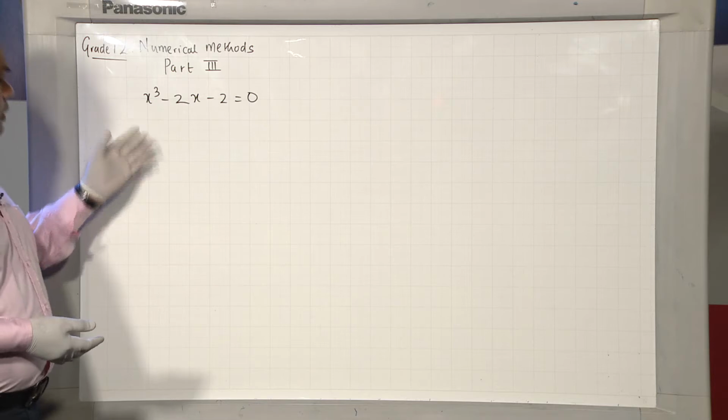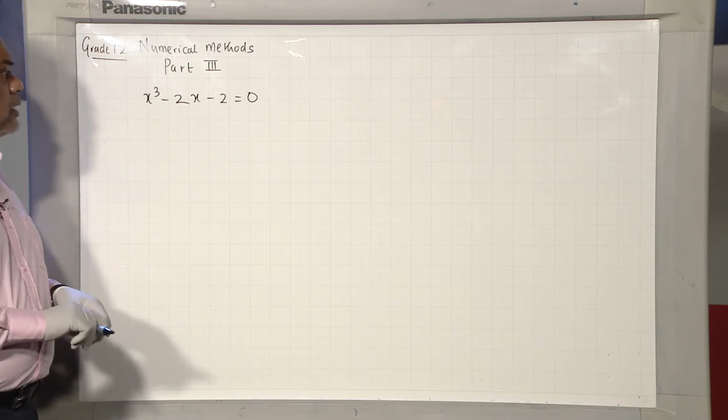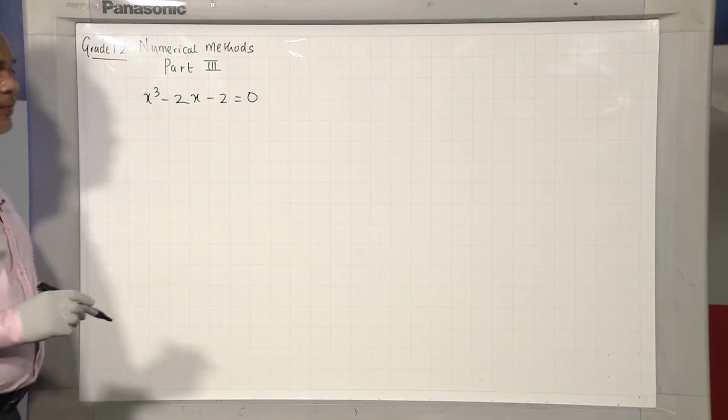So, the question is, x cubed minus 2x minus 2 equal to 0.